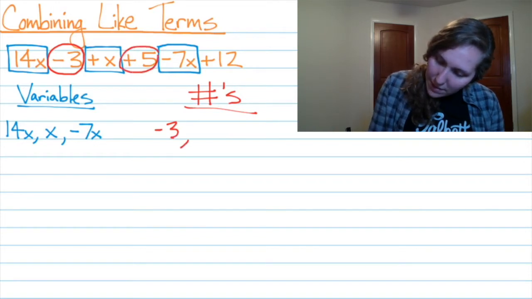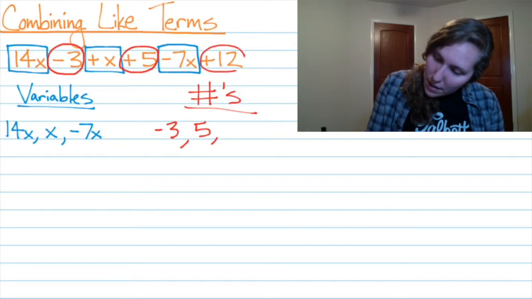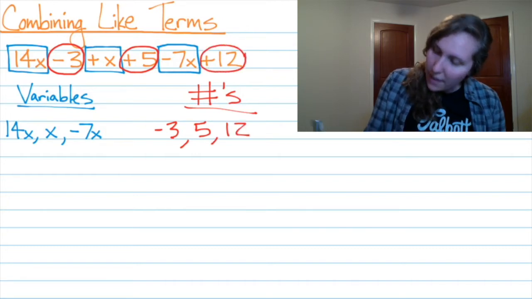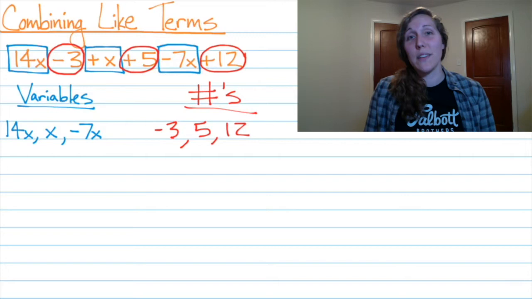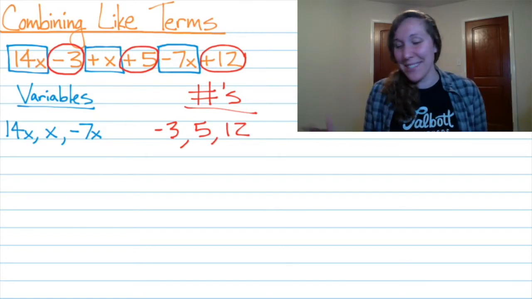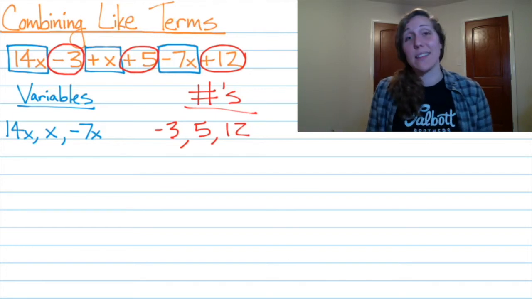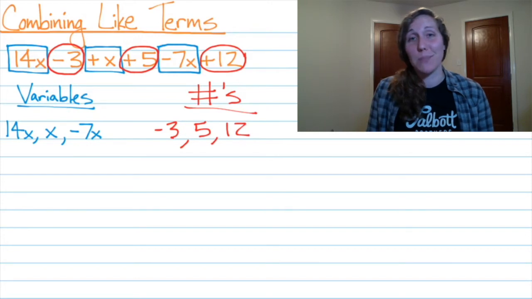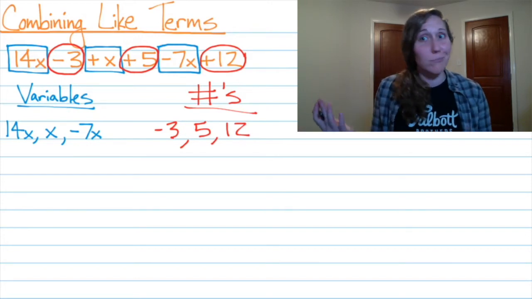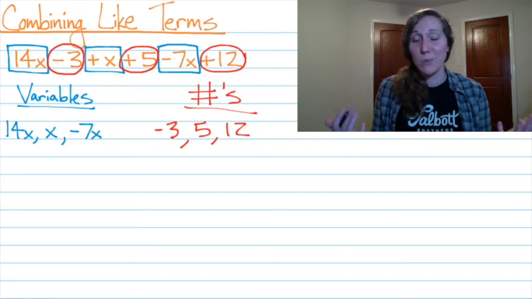We have +5, which again, we don't write down that positive in front of all of our numbers, and 12. And the fancy word for this is a constant term. But they're just numbers. That's all they are. So those are the two categories that we put things in when we combine like terms. It's either a variable or it's a number. Variable term, constant term, it's either a variable or it's a number.